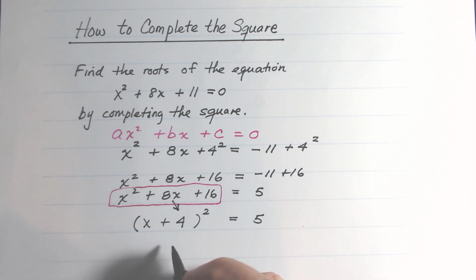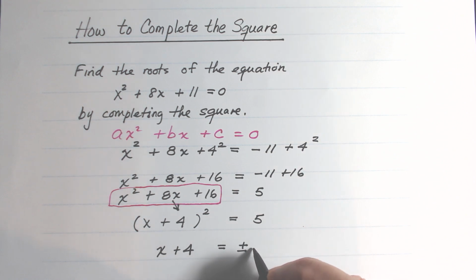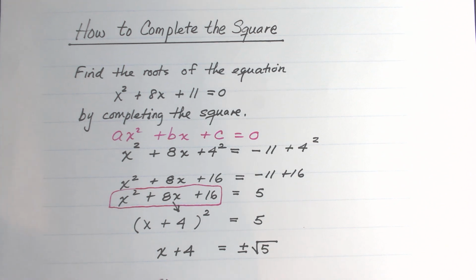And now all we have to do is take the square root of each side. And if you take the square root of both sides of an equation, you have to throw in a plus minus sign on one side to admit for two possible solutions. So last step, x is equal to negative 4 plus or minus the square root of 5.